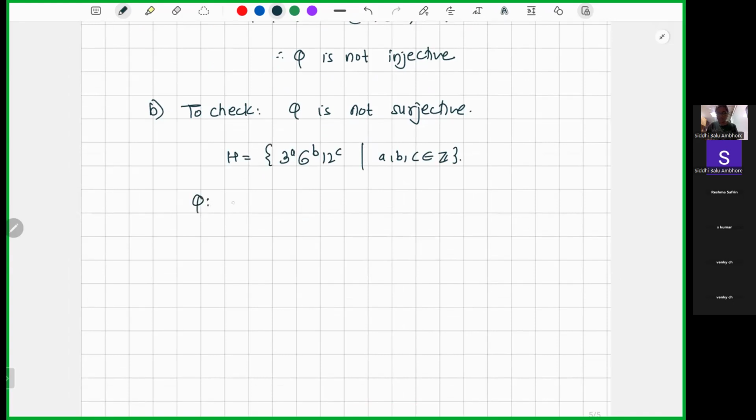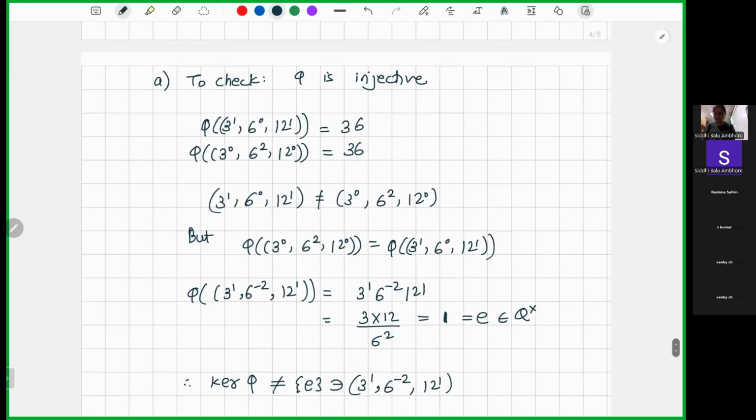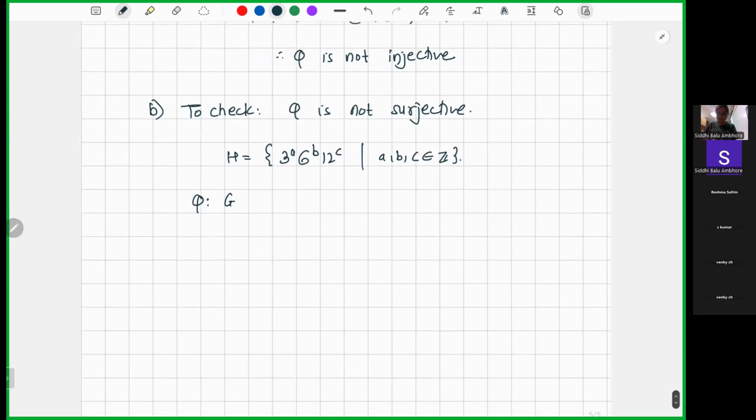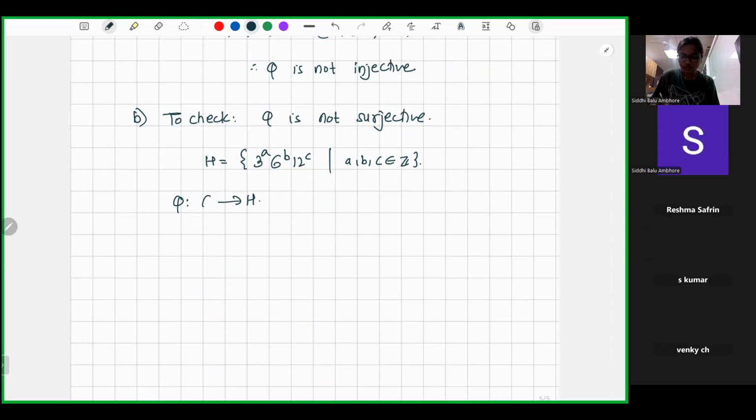And my phi is from, let me call this G. So let us denote G is equal to this. Phi is from this G to H. So is there any element in H which does not have a pre-image in G?